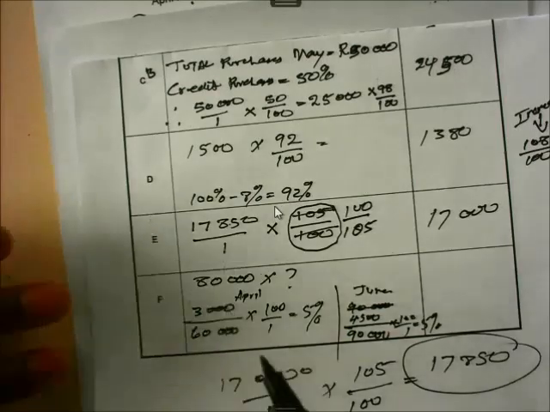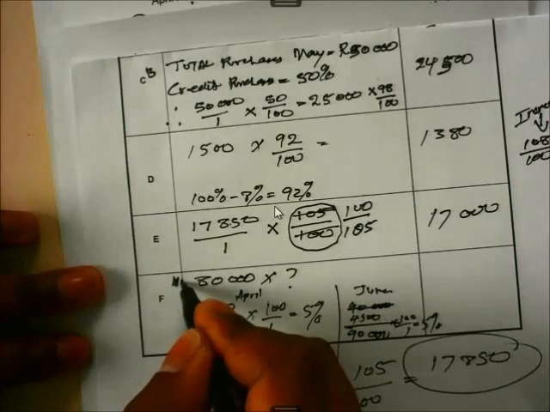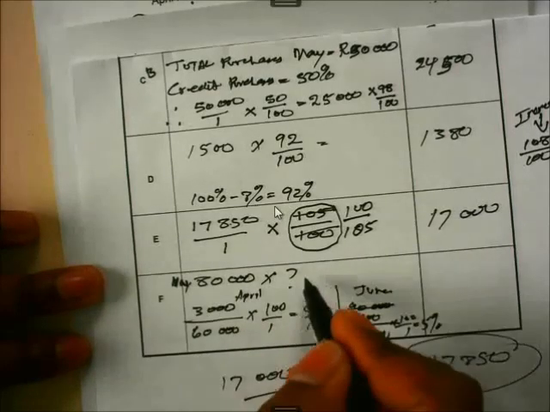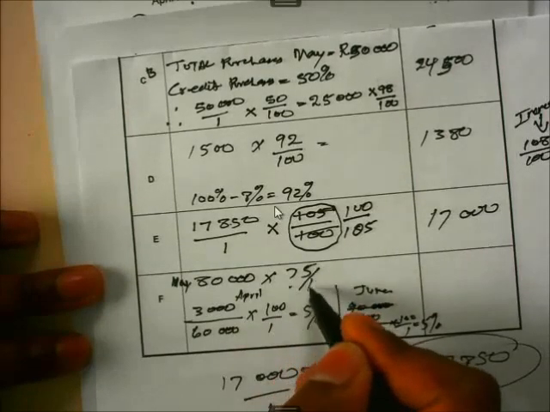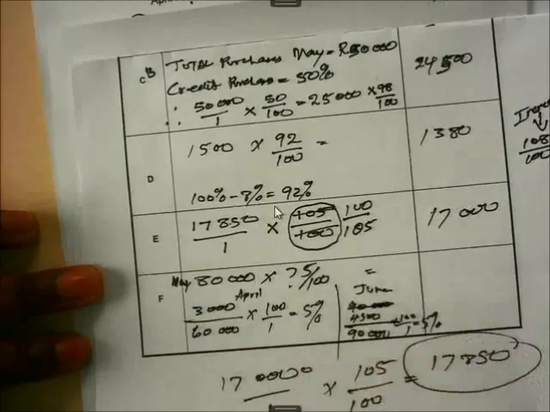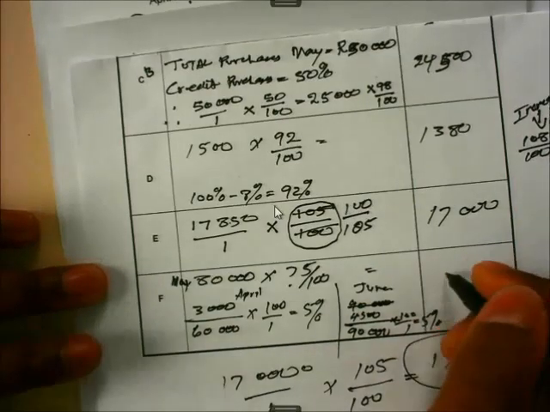Now our sales for May is 80,000. Therefore, we now know the percentage is 5%, so you will have 80,000 multiplied by 5% is equal to 4,000.